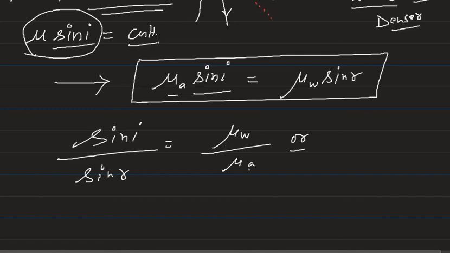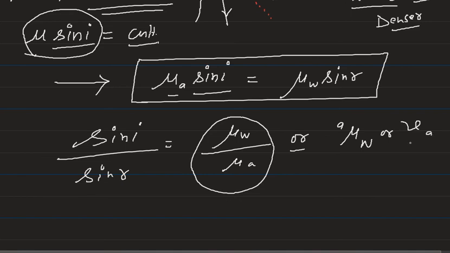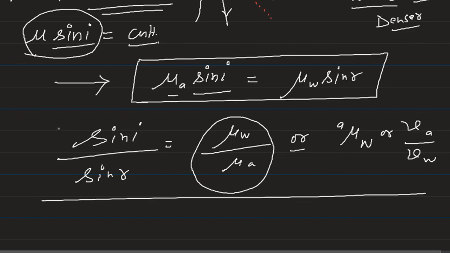Mu w upon mu a means the refractive index of water with respect to air, or we can write it as velocity in air upon velocity in water. So this is the utilization of Snell's law in case of refraction.